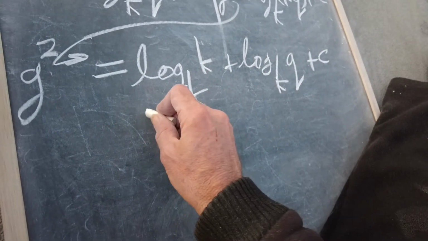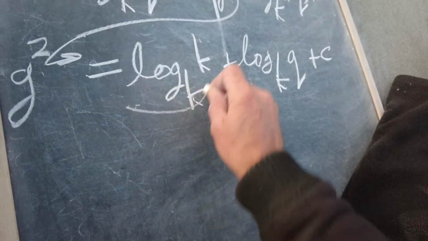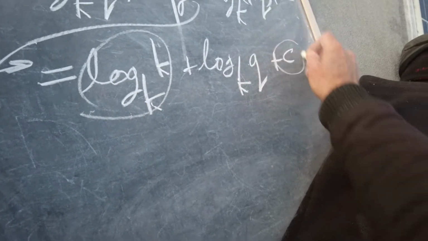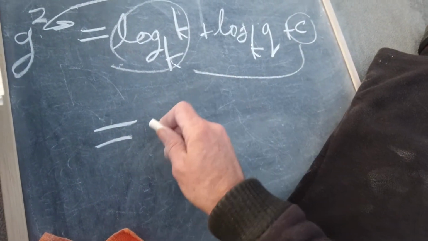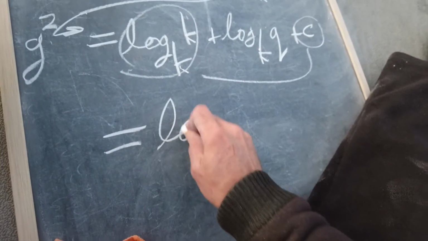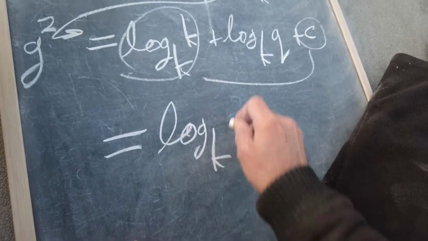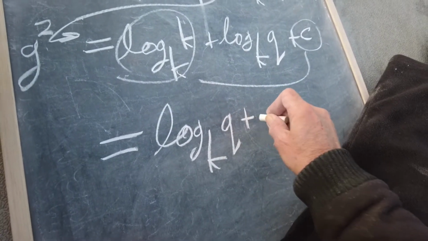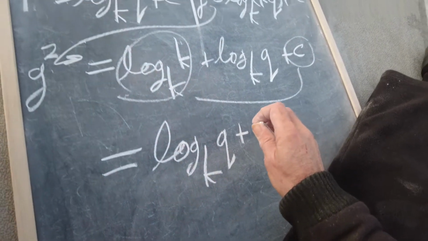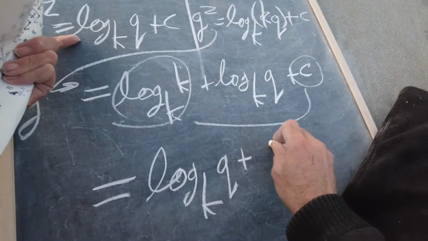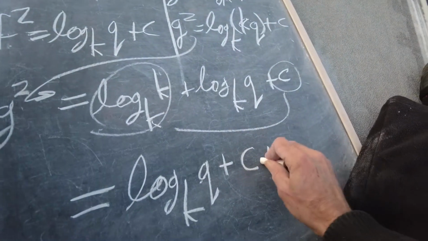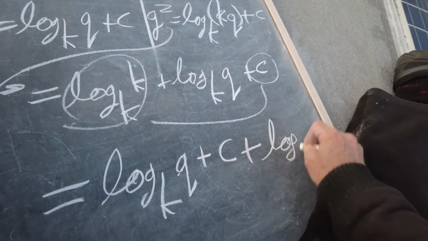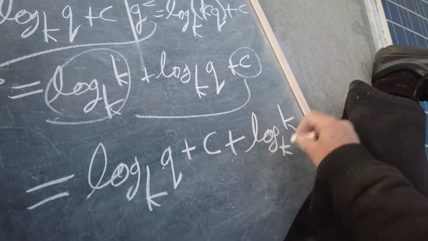And what we have is, if we group them together, it's equal to log k of q plus c, and we can recognize that's the same as f squared plus log k of k, which is just equal to 1.